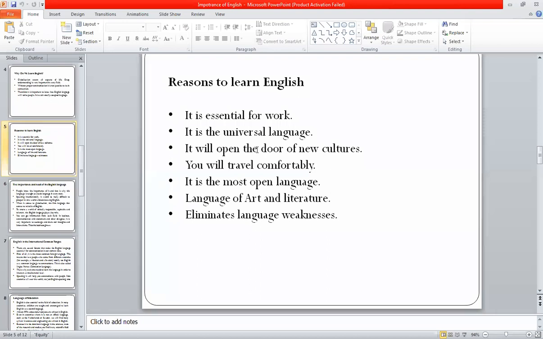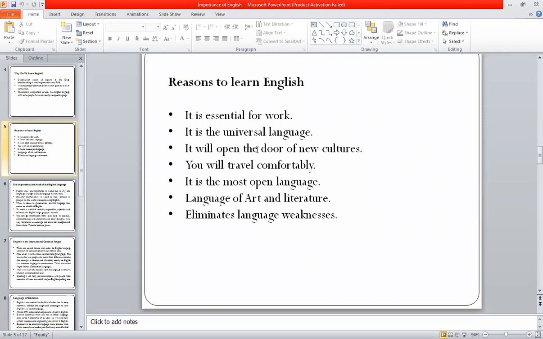Then see the next point, that it is the language of art and literature. We have discussed it in the last lecture. So if you want to study or know about literature, it becomes possible when you study it in English.